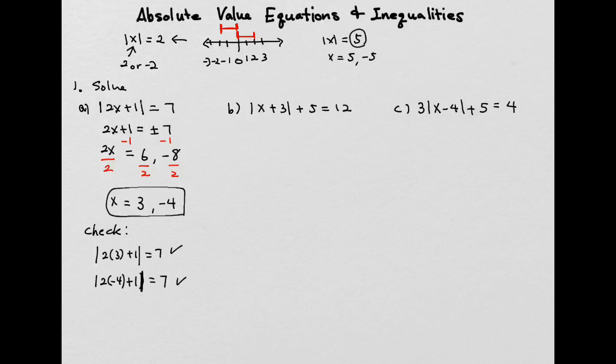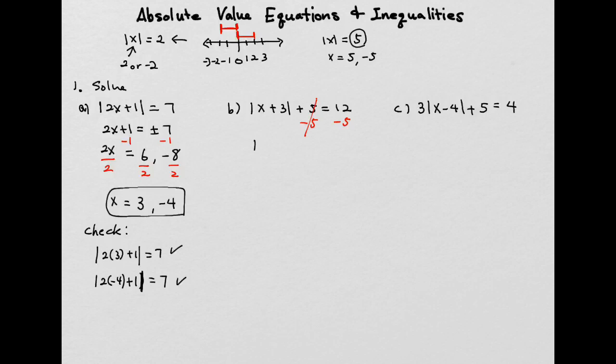If we're looking at the second one, before I take out absolute value, you need to isolate the absolute value first. It means you need to get rid of plus 5 before you take out the absolute signs. So then you're going to subtract 5 from both sides.